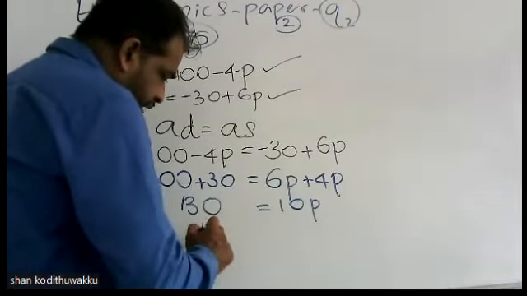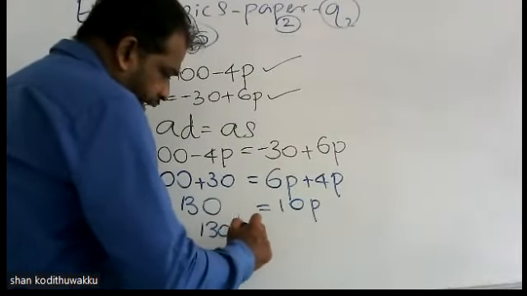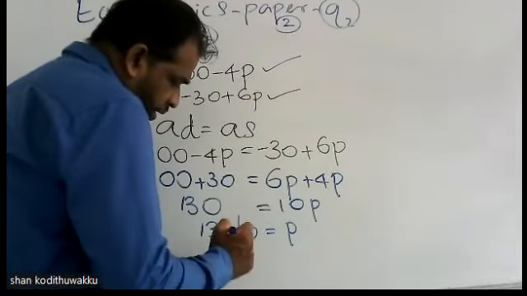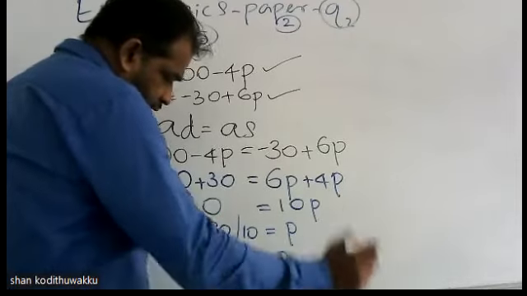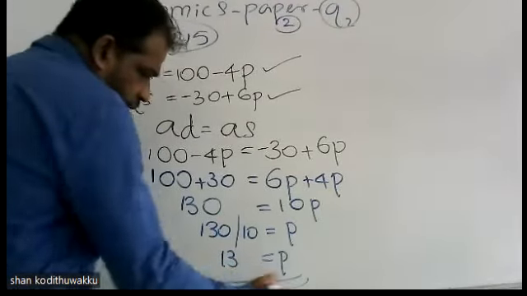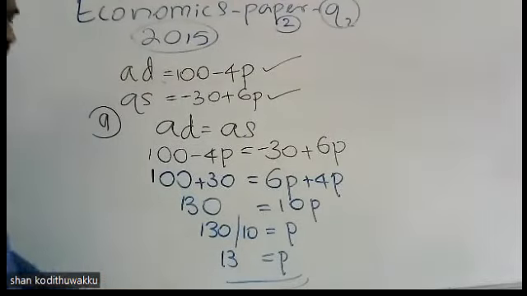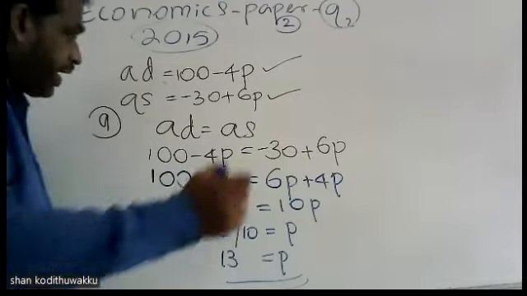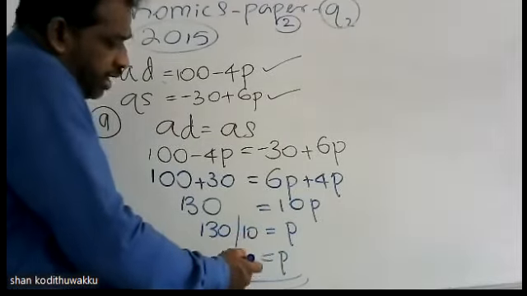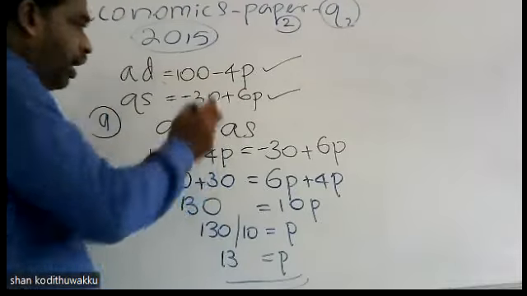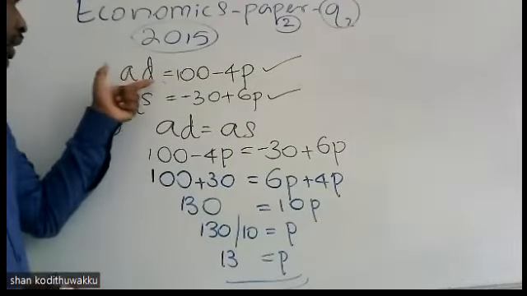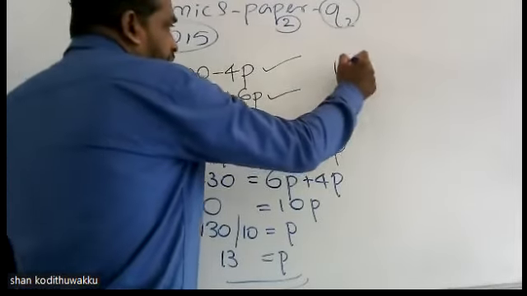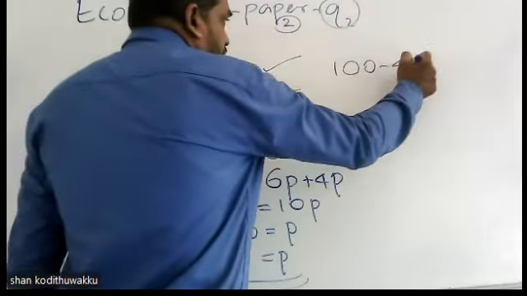To find P, you divide 130 by 10, so P equals 13 rupees. The market equilibrium price is 13. Then you can apply this P equals 13 to one of these formulas, either the QD or QS equation. Here, 100 minus 4P.